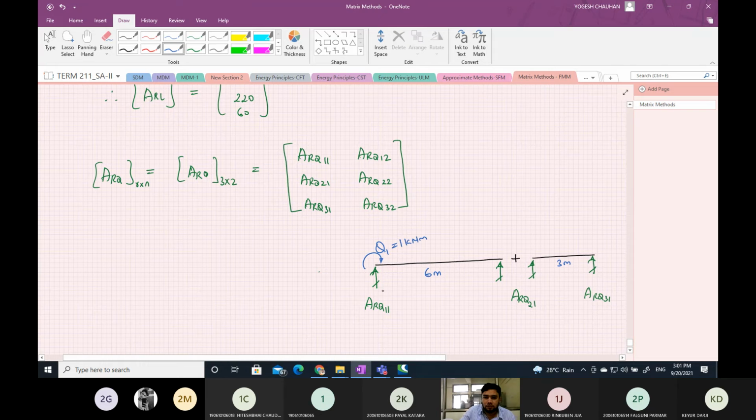This tends to rotate the beam in clockwise, so reaction will be in anti-clockwise. So this value will be 1 by 6 and this will be minus 1 by 6. Okay, because it will be in downward direction.